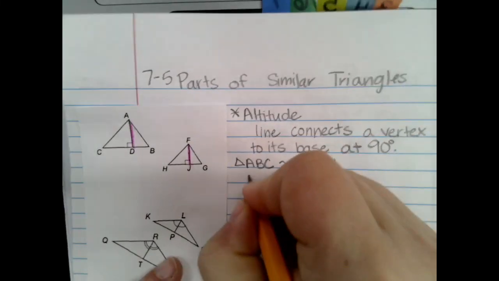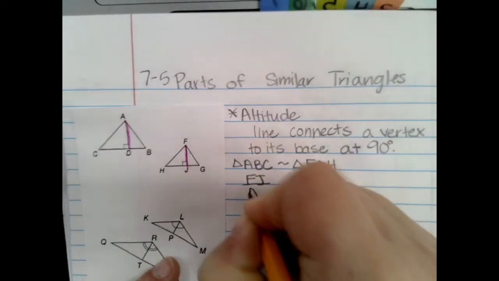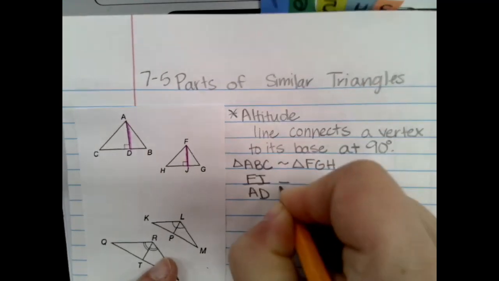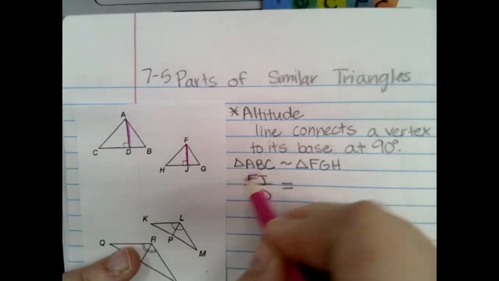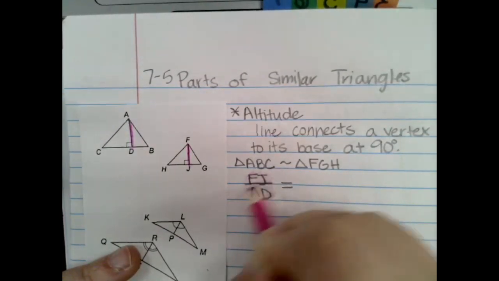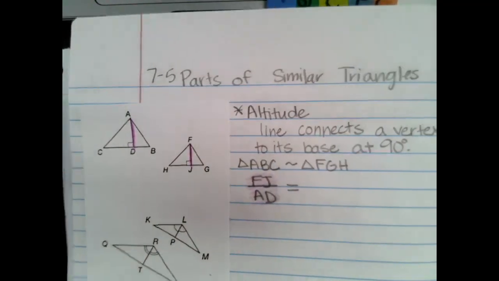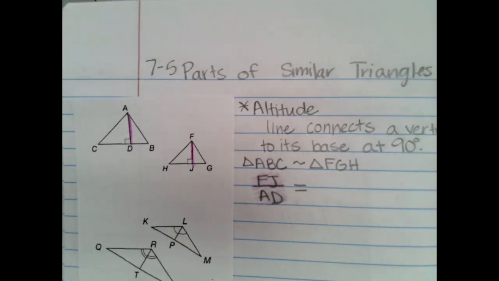So I can compare those, FJ over AD. And I can compare them to any of the sides. So I can compare those altitudes, even though it's not a side over a side. We can act like it's a side. It's one of those proportional parts.